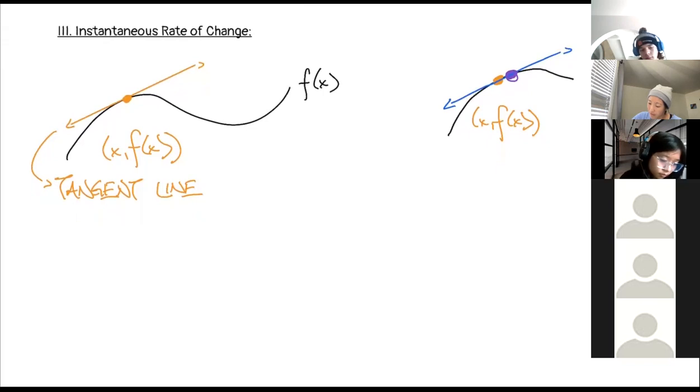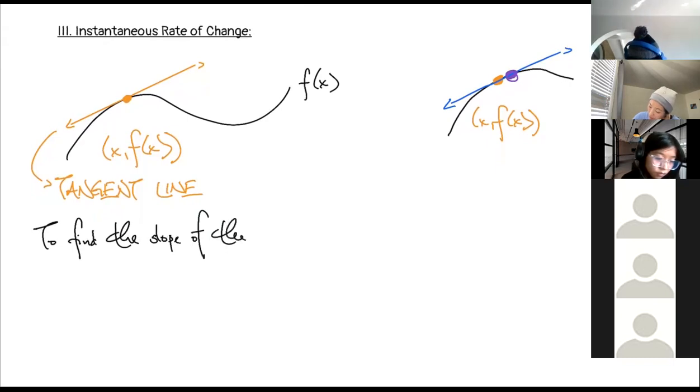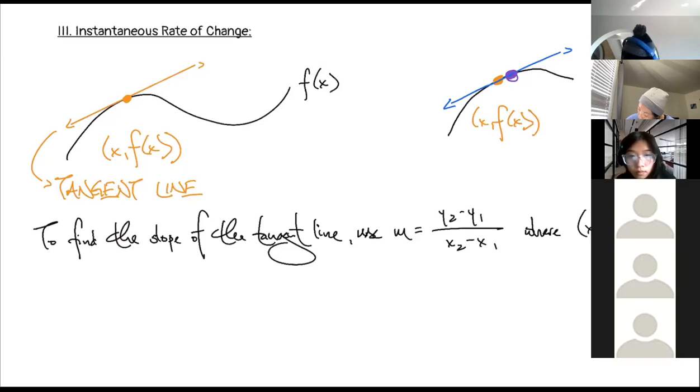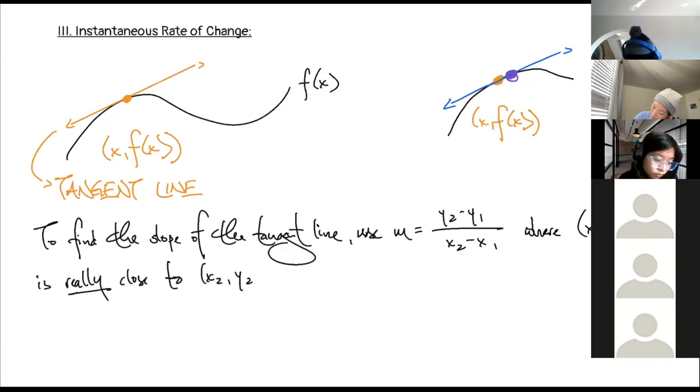So this is the conceptual piece. To find the slope of the tangent line, use m equals y2 minus y1 over x2 minus x1, where (x1, y1) is really close to (x2, y2).